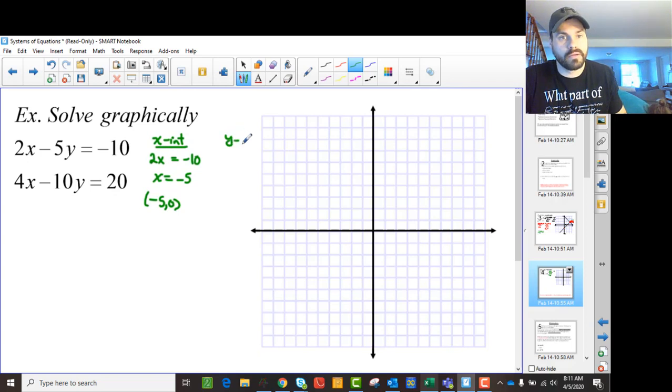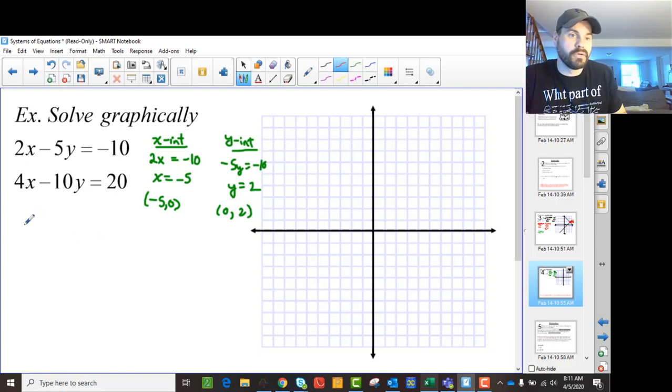My y-intercept, minus 5y is equal to minus 10. So I'm going to let x be 0. So y becomes 2 divided by minus 5. So my y-intercept is (0, 2). For the other one, I'm going to have x-intercept of 4x is equal to 20 because I'm going to let y be 0.